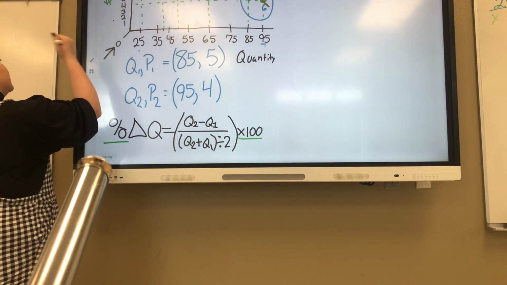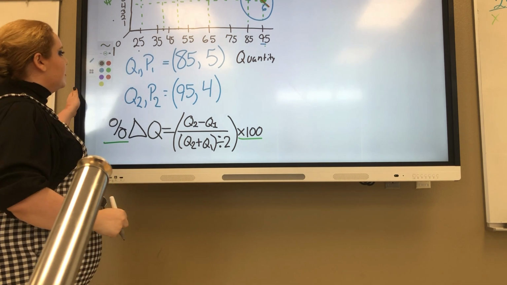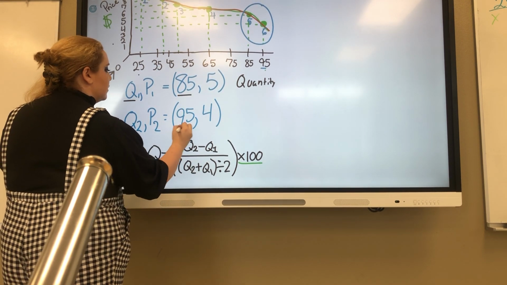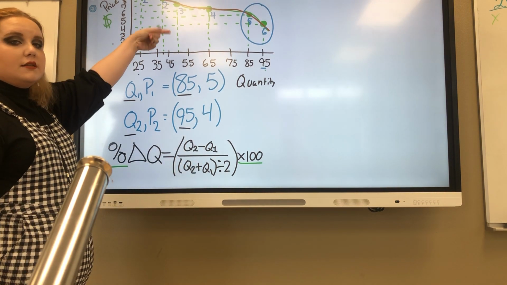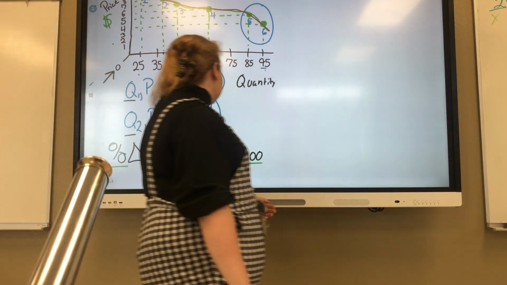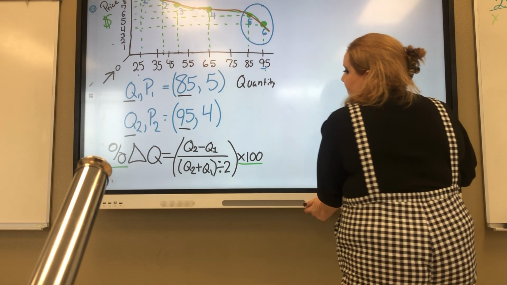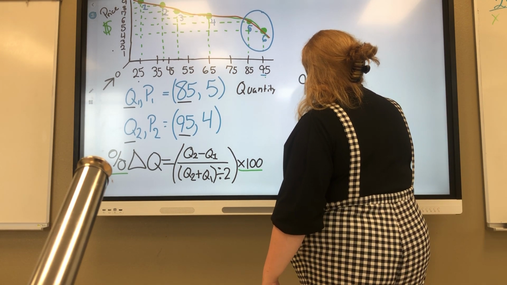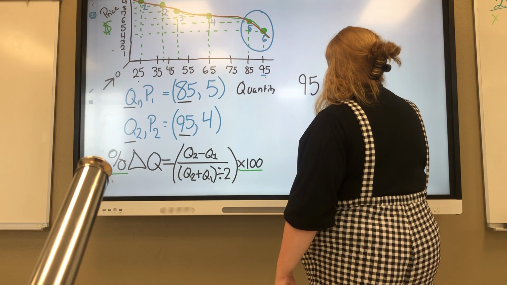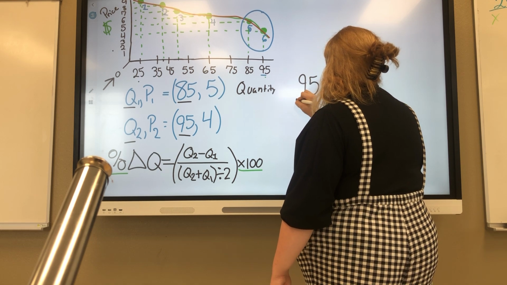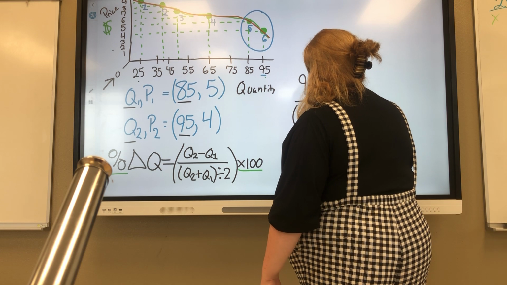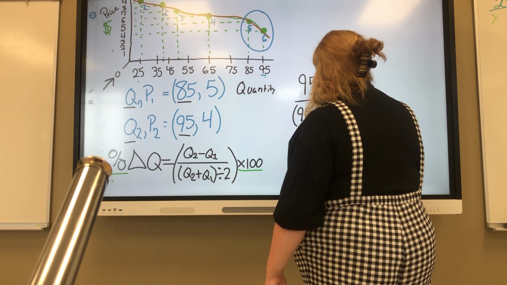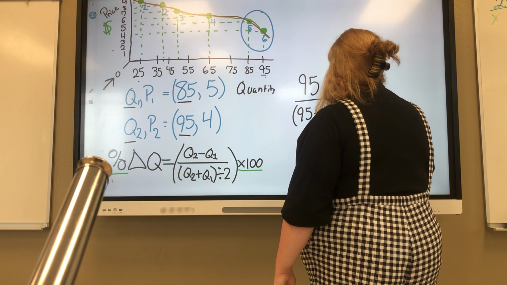So we're going to take this step by step. We're going to say Q1, 85. Q2, 95. Because that's what our chart says. That's what our chart tells us. So we're going to say, for the first part, 95 minus 85 over 95 plus 85 divided by 2.